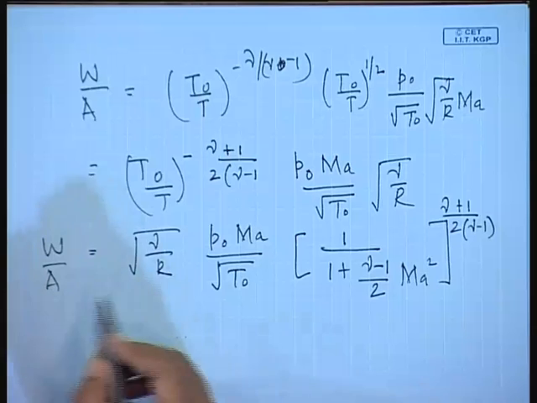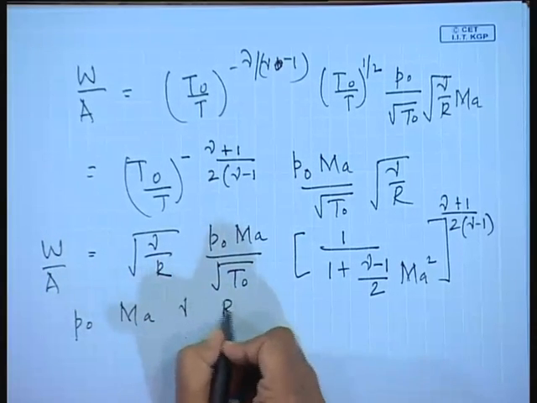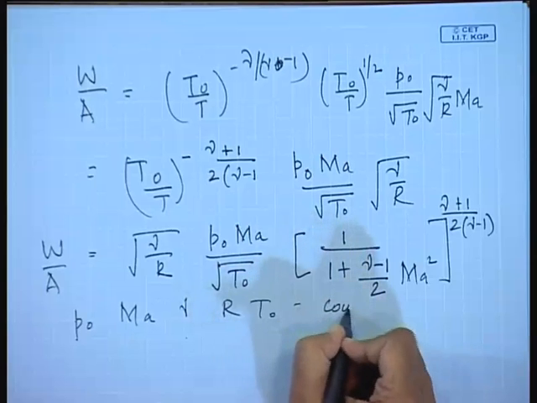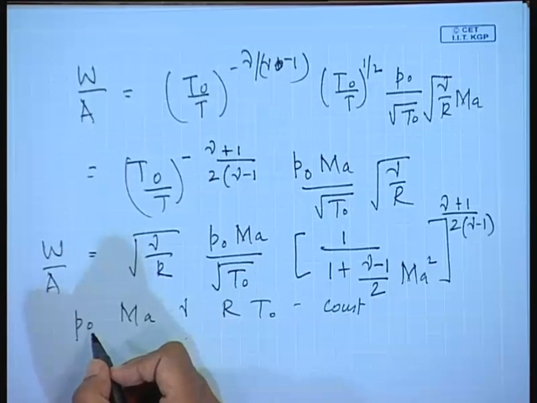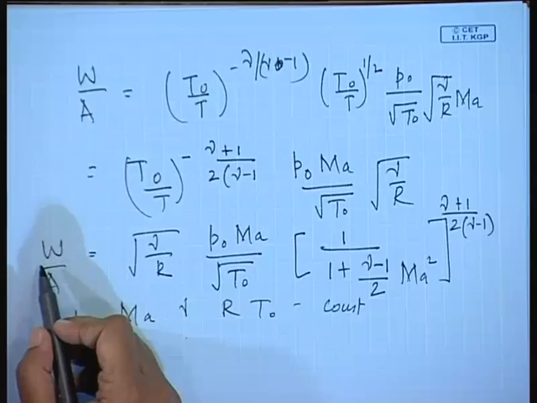The only variable is MA; P0, gamma, R, T0 are constant. So, the only thing which influences W is Mach number. Gradually I would like to show you the importance of Mach number, and why Mach number equal to 1 is so very important. That is what I would like to show you.